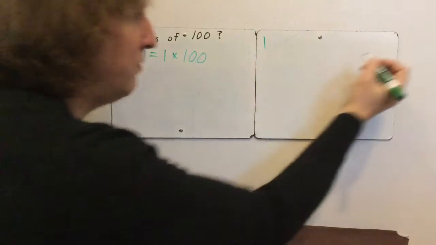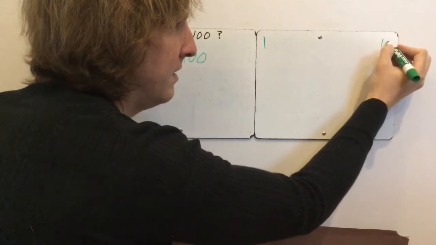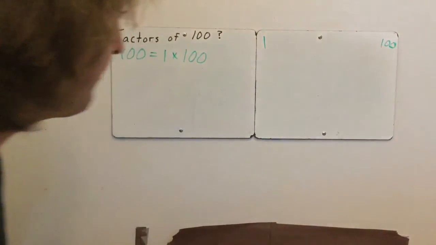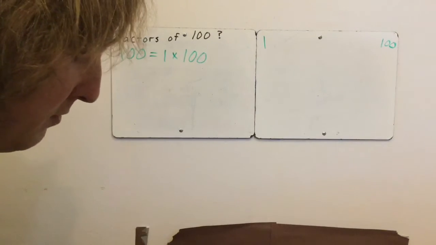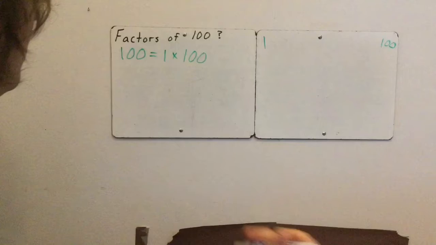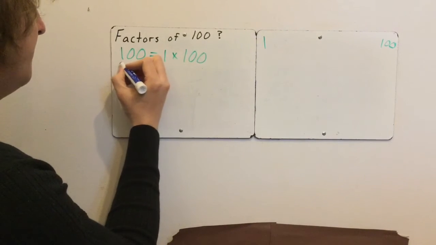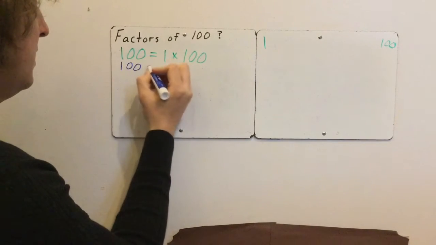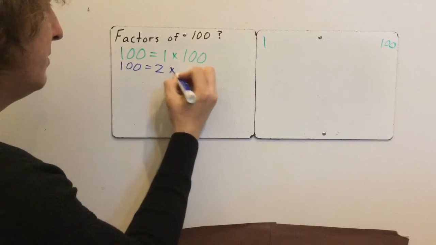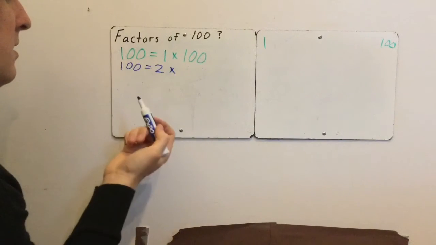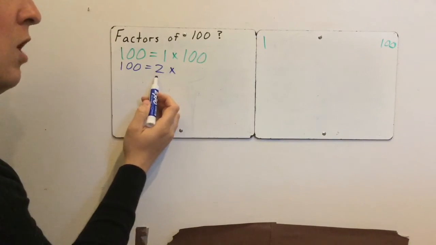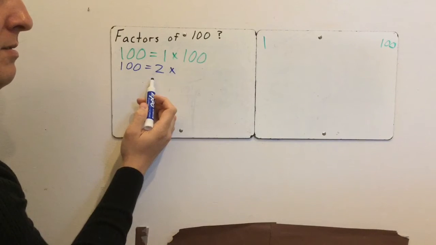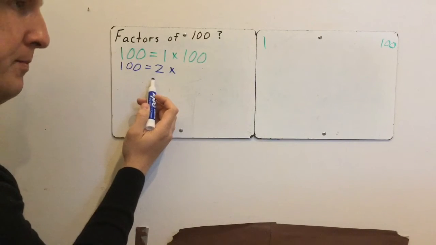Our smallest factor is 1. Our biggest factor is going to be 100. Okay. So from there, let's move on. Let's think about a larger number. Let's think about the number 2. 100 equals 2 times something. Well, the number 2 will always go into an even number.